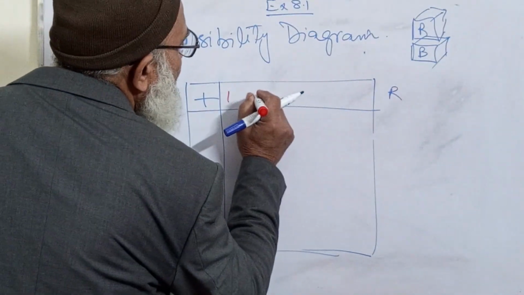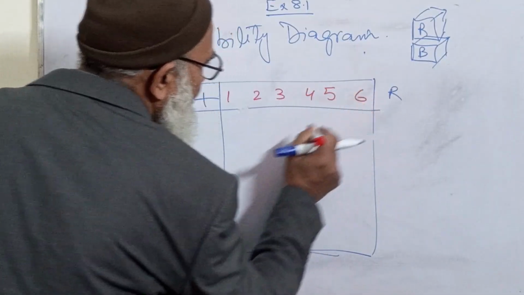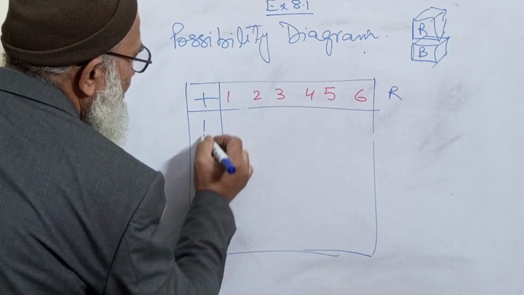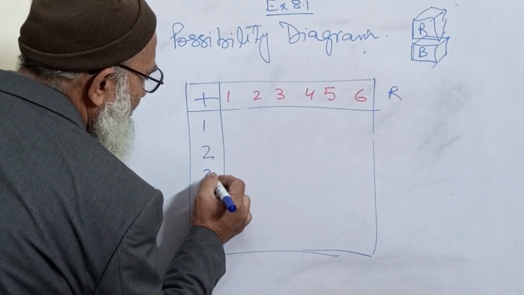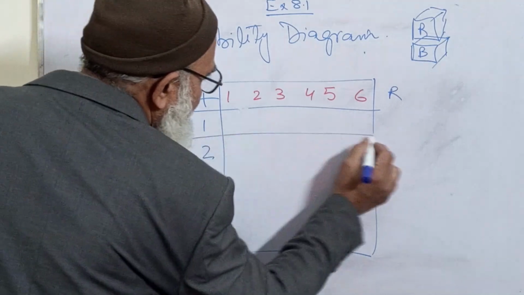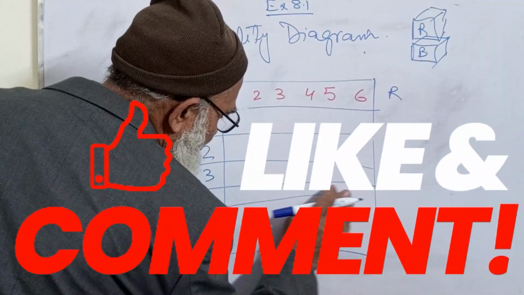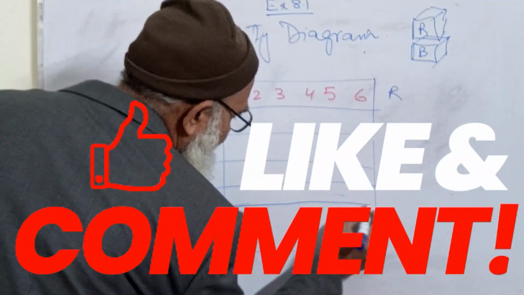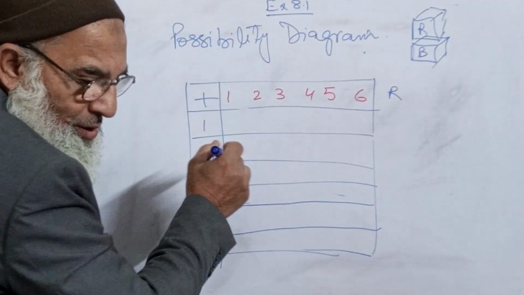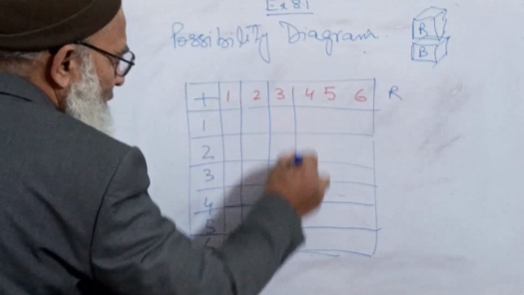Now there are six faces in blue as well, 1 2 3 4 5 6. Let's make a grid, but not so rough. Make it a little neat. Again, the vertical grid over here.